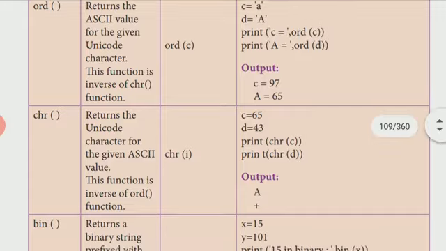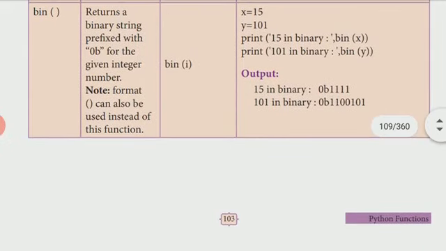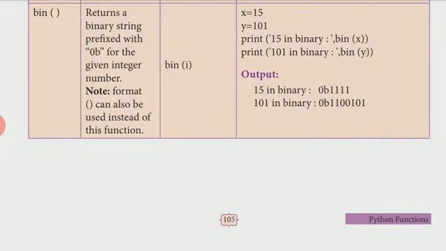Then binary, the BIN function. This function returns the binary value. See the example 15. They assigned x equal to 15. So print 15 in binary, BIN of x.